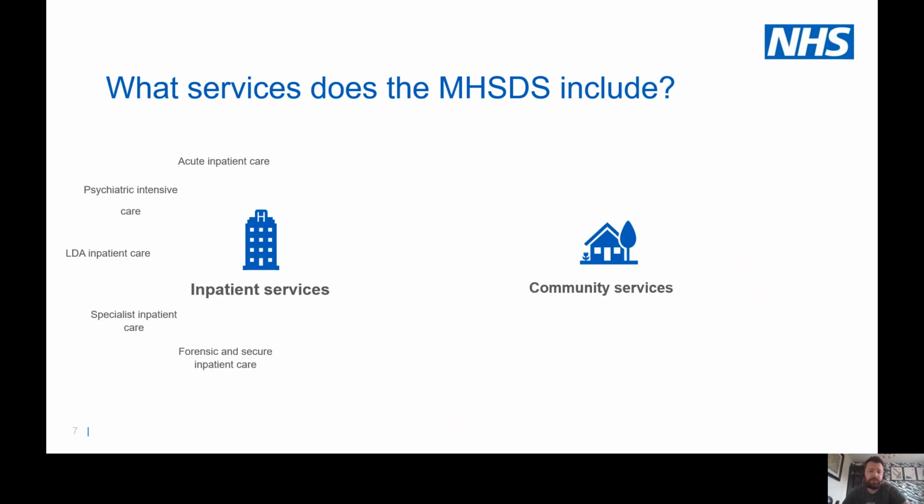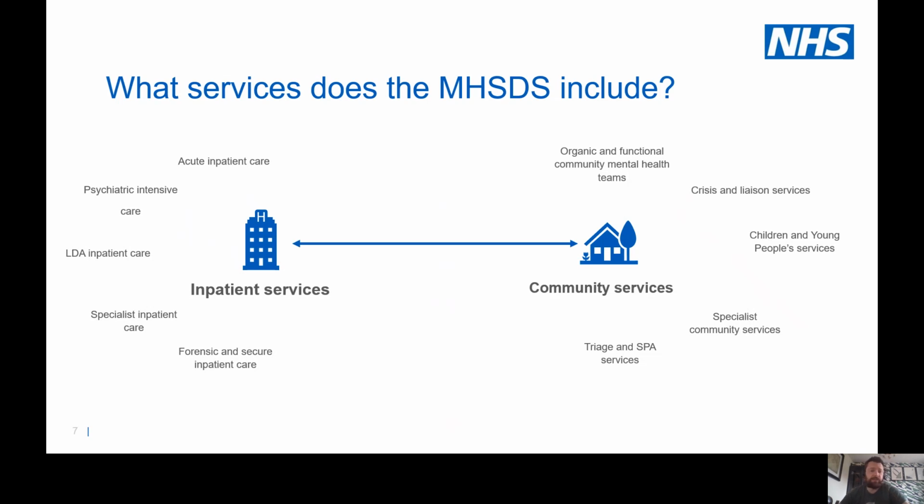It also includes community services, so those mental health services that are delivered primarily via the community, and they include things like community mental health teams, crisis teams, children and young people specific teams, lots of specialist services, and then triage and single points of access as well. And we'll get onto the structure and the underlying nature of the MHSDS, but ultimately it allows us to track people between settings as well.